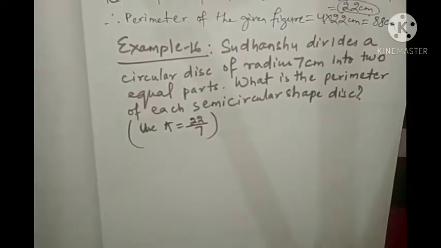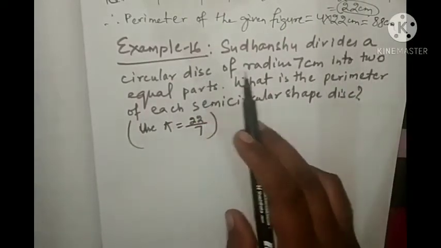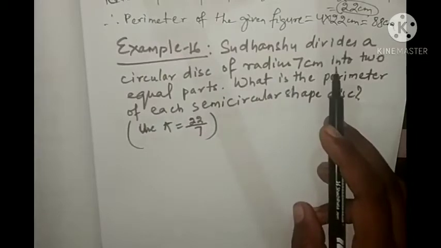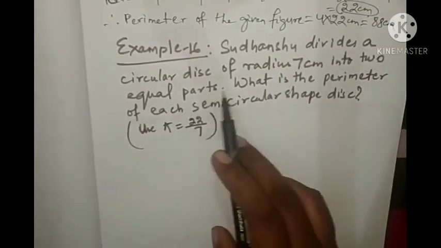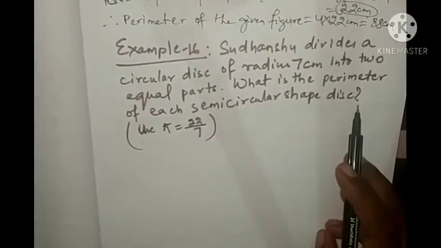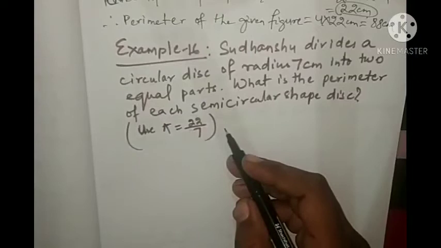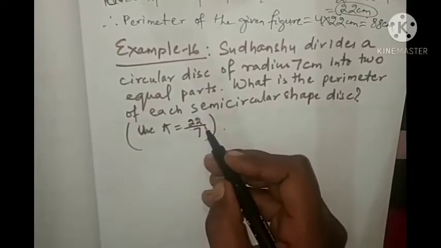Next it is given example 16. Sudhanshu divides a circular disc of radius 7 cm into 2 equal parts. What is the perimeter of each semicircular shaped disc? Here it is given, use pi equal to 22 by 7. So pi's value is also 22 by 7.